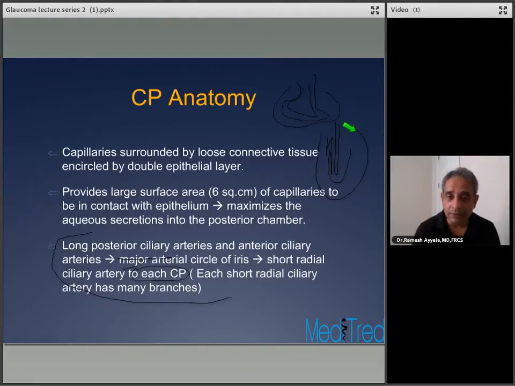And two, they have fenestrations to let the aqueous seep out of the capillary walls into the surrounding connective tissue. Then you have this double layer of epithelium that will then modify the plasma that's coming out to form the aqueous as we know it before it's secreted into the posterior chamber.